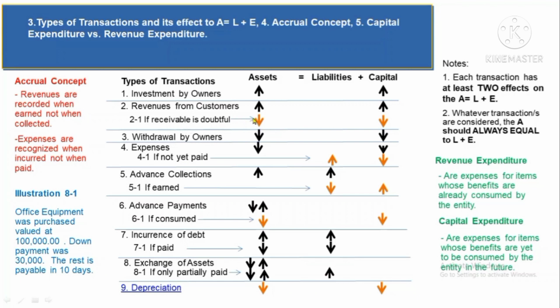Of course, if there are revenues that are already earned but the customers did not pay yet, or accrued revenues, those are to be recorded at the end of the year, as well as your accrued expenses. And if you have earned a portion of the advance collections from the customers, those are to be recorded at the end of the year. And in case of your advance payments, of course, the portion consumed is recognized at the end of the year also, as well as the depreciation.